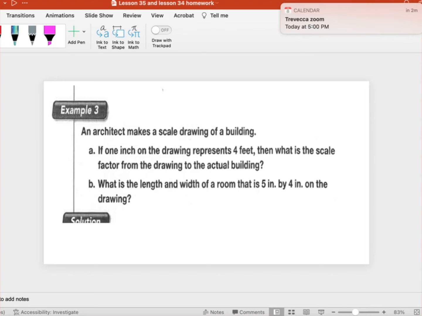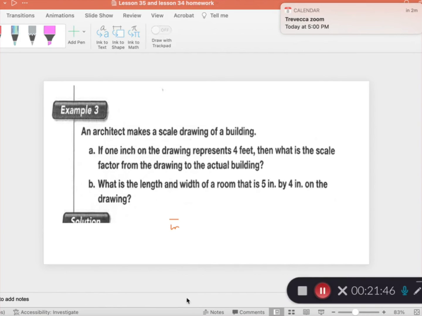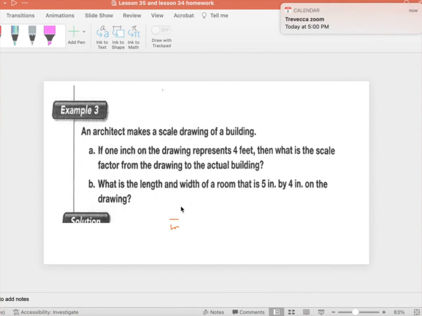An architect makes a scale drawing of a building. If 1 inch on the drawing represents 4 feet, so here's 1 inch, we have 1 inch on the scale drawing and 4 feet. So every inch on the scale drawing is 4 feet.